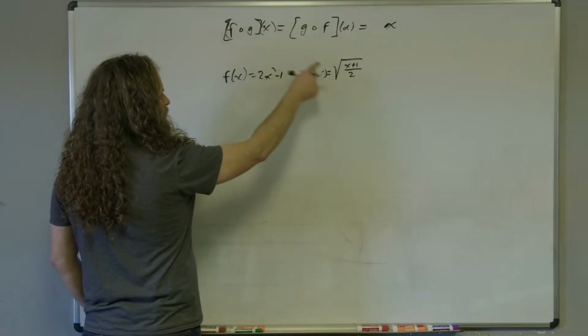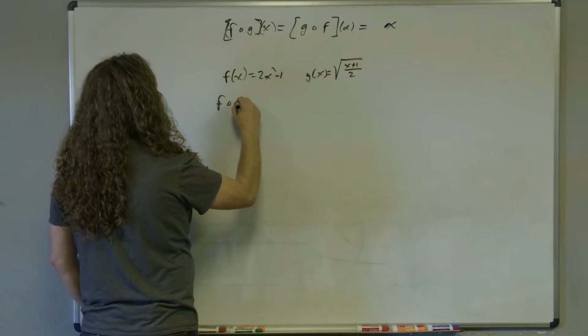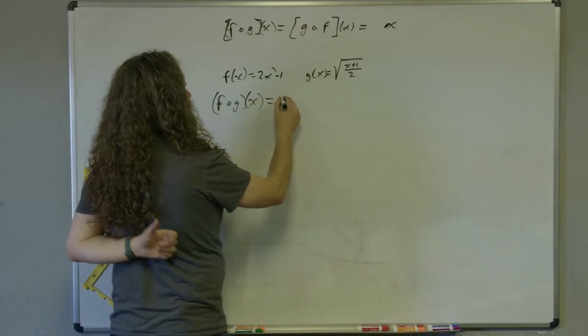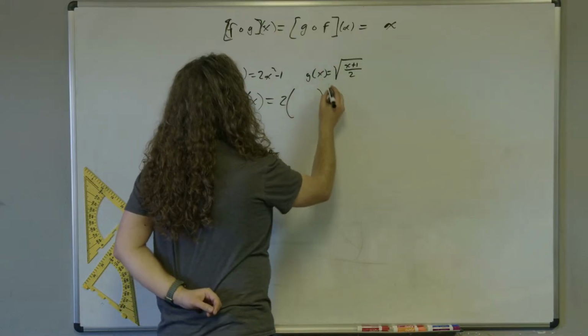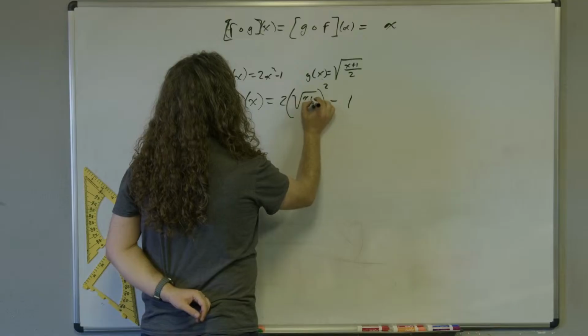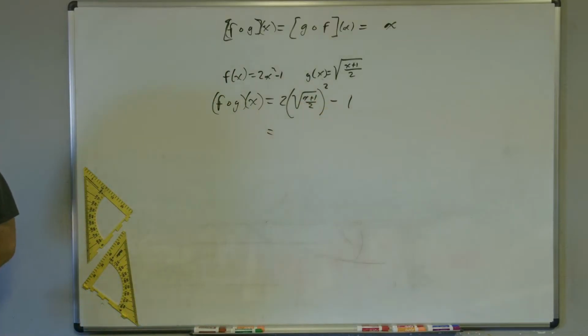All right, so for f of g of x, we're going to take g and put it inside of f. So 2 with a parenthesis, squared, minus 1. Inside the parenthesis, square root of x plus 1 over 2. What do we do to clean that up? You cancel the square root, because square root and square cancel.